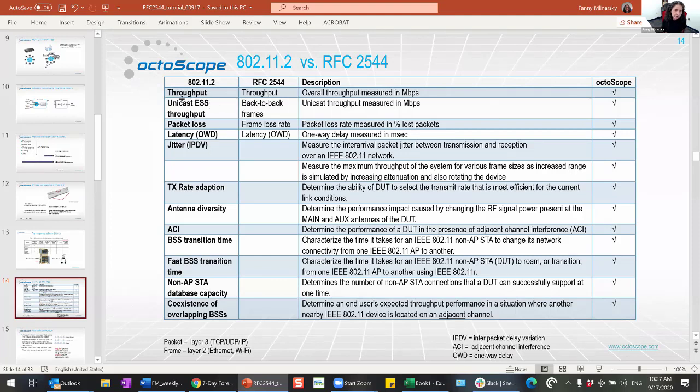So you can see everything that's important for Wi-Fi is in this leftmost column, 802.11.2. And the contribution from the Ethernet days is here. It's basically a subset of these tests.